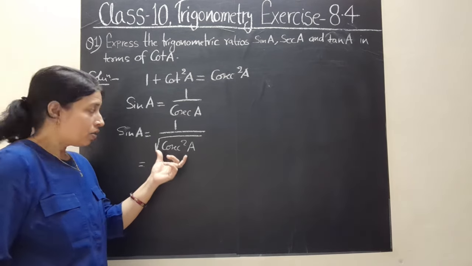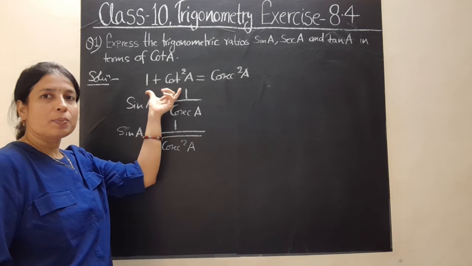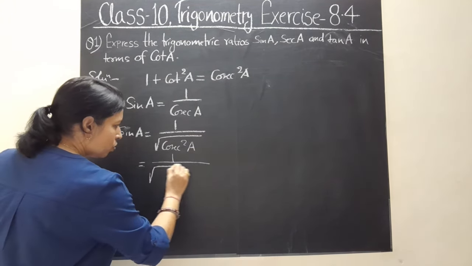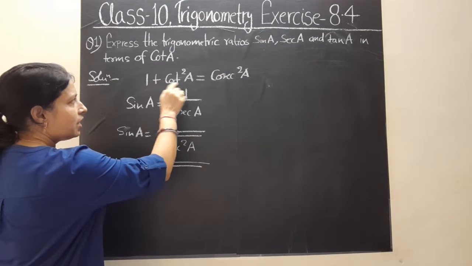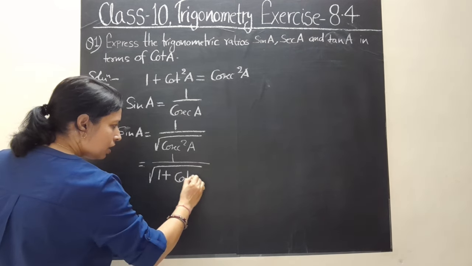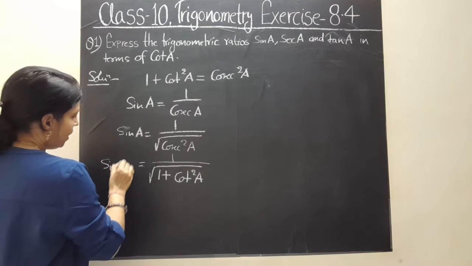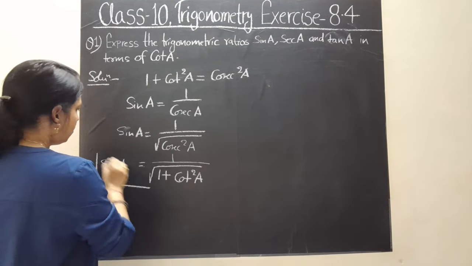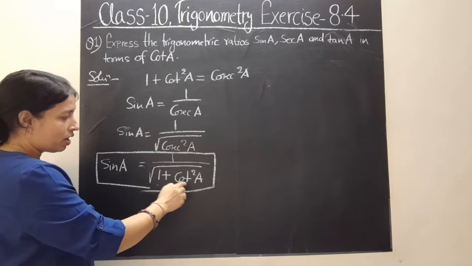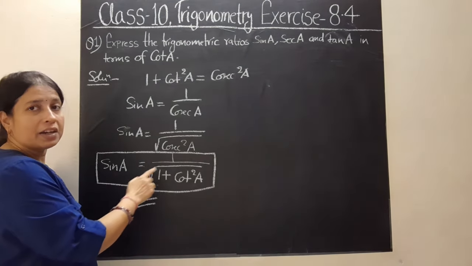Here we have to write cosec square A because cosec square A is equal to 1 plus cot square A. So in place of cosec square A, you can write 1 plus cot square A. So sin A is equal to 1 divided by square root of 1 plus cot square A. This is the relation between sin A and cot A.